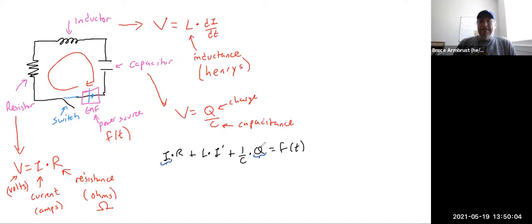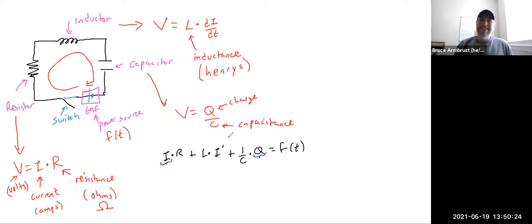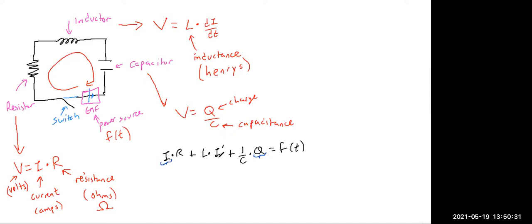Last physics question for you. Do you remember how charge and current are related? Isn't it Q equals I times t? You're close.